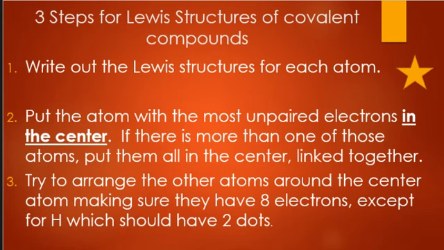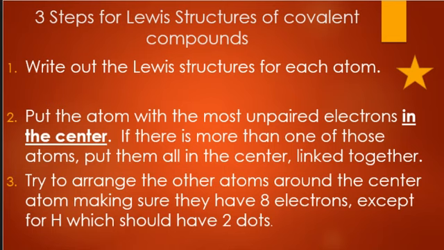All right. Now, notice also what is different as well. This step to me was a little esoteric. Do you know this word? Esoteric, mysterious to me. Okay, because it says here, put the atom with the most unpaired electrons in the center. What did the guy in the video say? He said, put the one that's by itself. All right? I will tell you that sometimes that doesn't work.